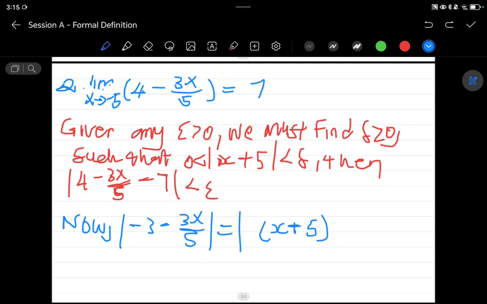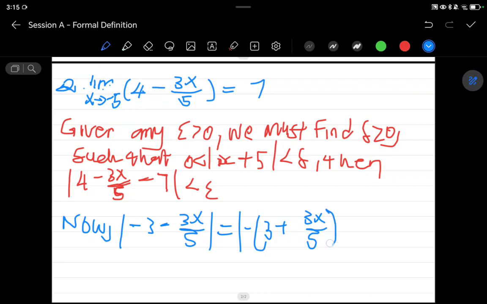For simplicity, let's start by factoring out the negative, so it can be simple.